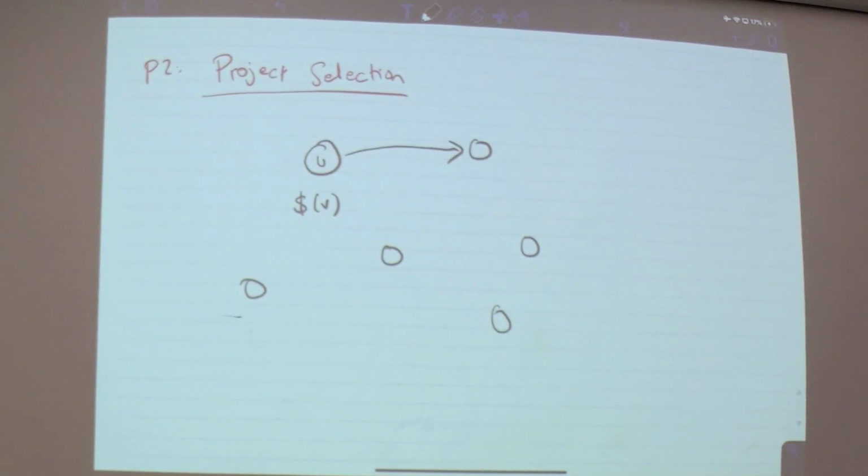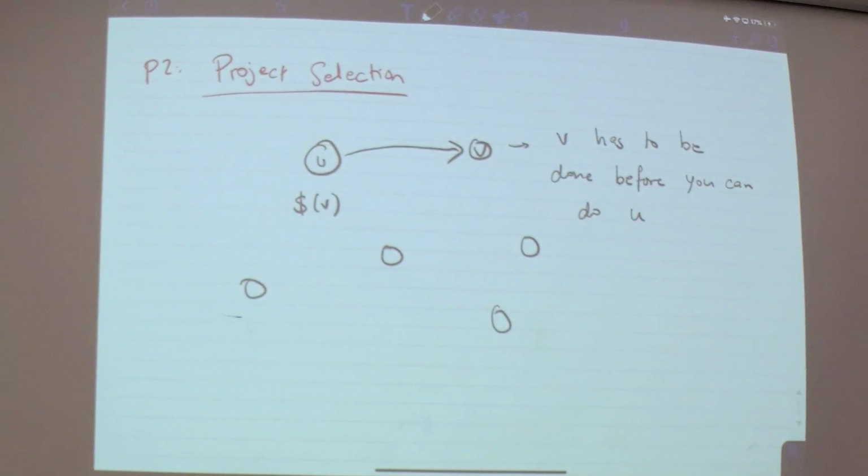So I give you projects, with profits or values for them, which could be positive or negative, and I have dependencies. This dependency basically means V has to be done before you can do E. That's the way it is.